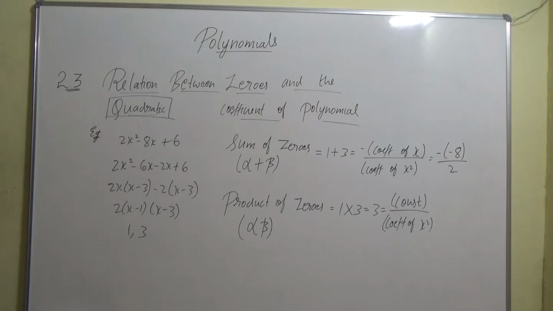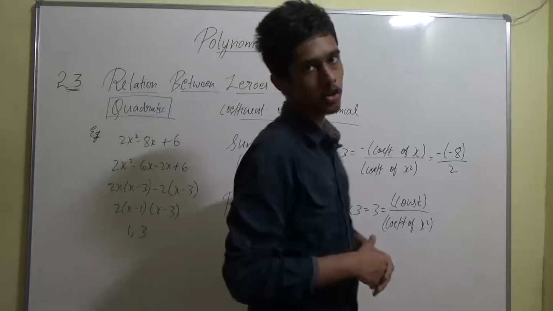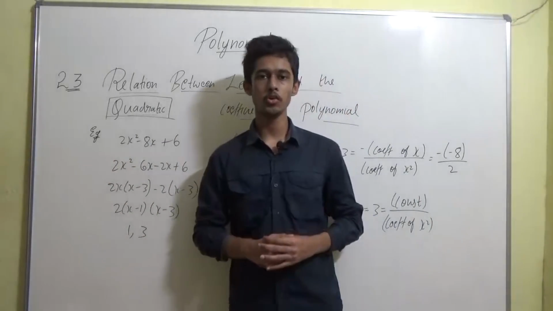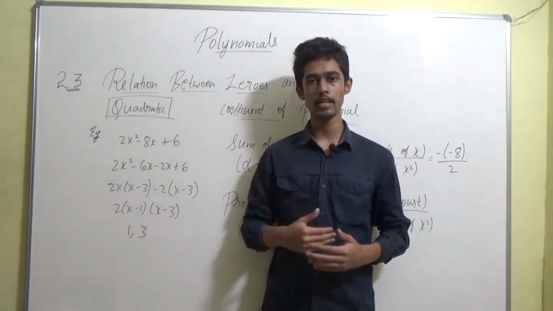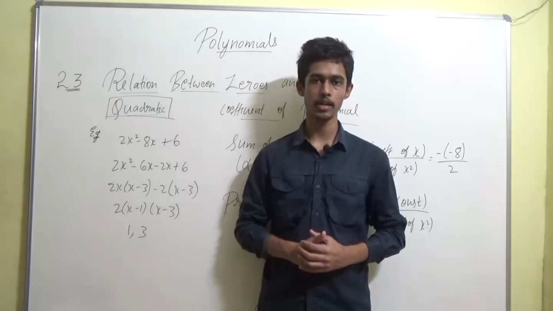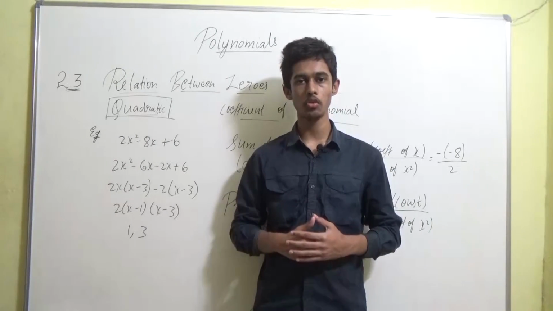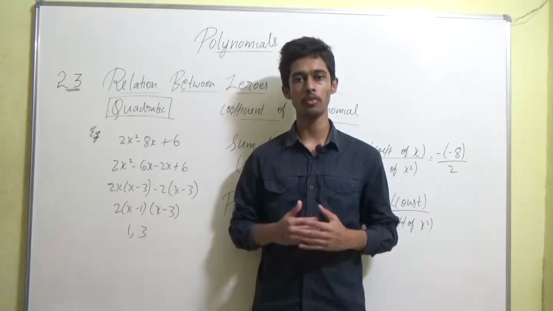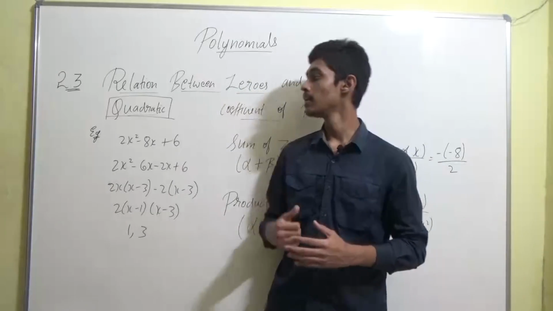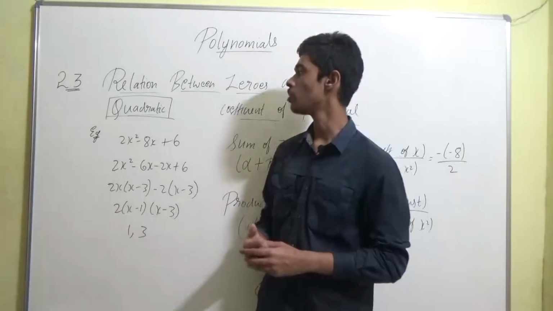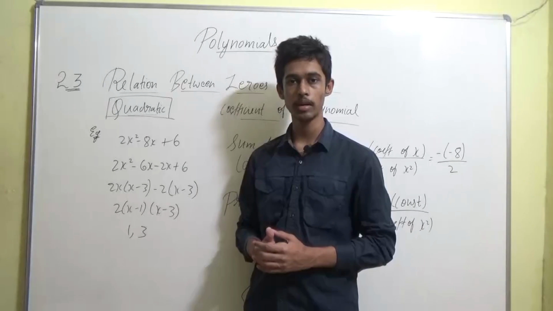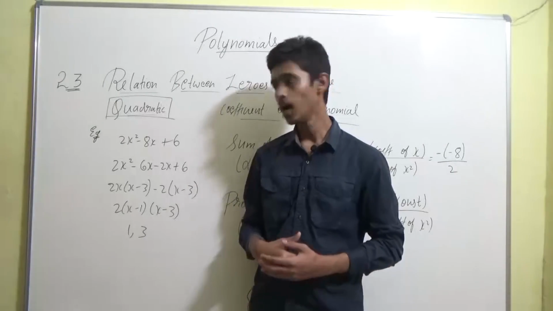So now, after being done with the linear polynomial under this topic, let's go to the next type of polynomial, the higher degree polynomial, that is the quadratic polynomial. We will try to learn this topic for a quadratic polynomial with an example or two. Now let's take the example of a quadratic polynomial 2x square minus 8x plus 6.